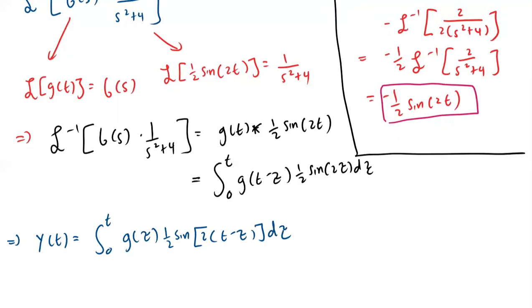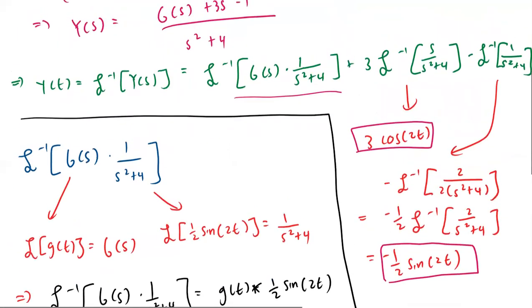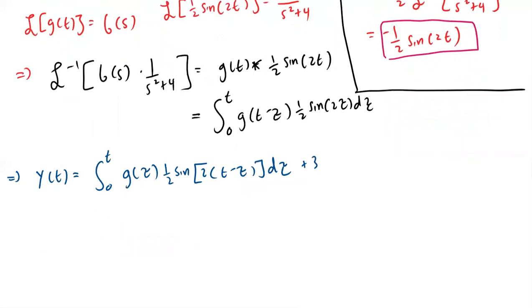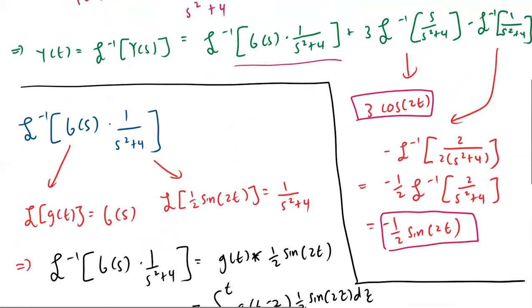And again, we can do this because it's commutative. It doesn't matter where you put the t minus tau. Okay. Plus the 3 cosine 2t and then minus 1/2 sine 2t.